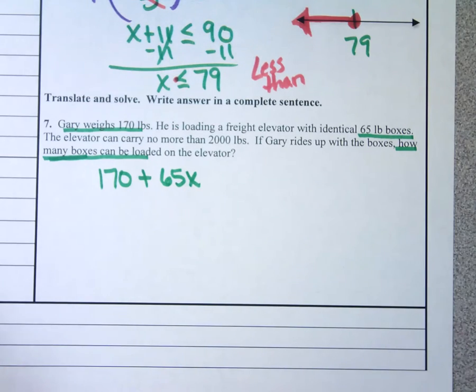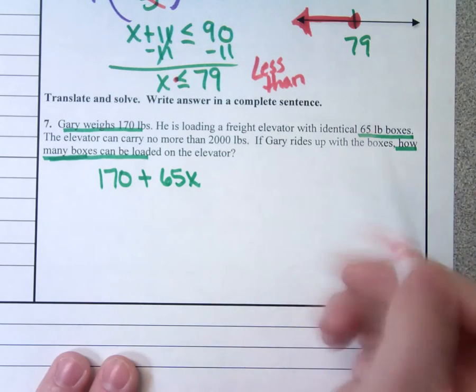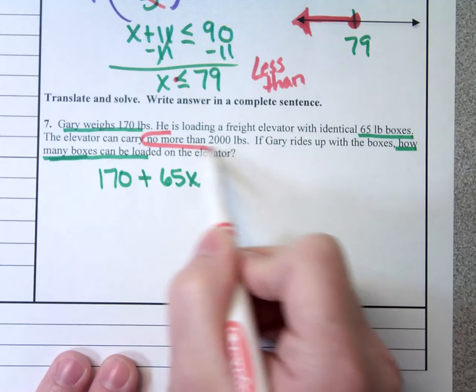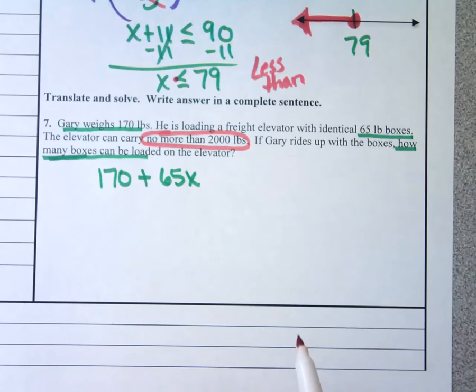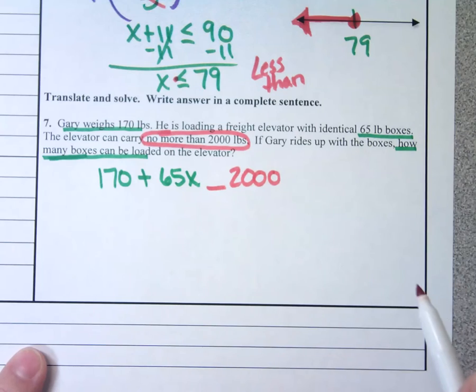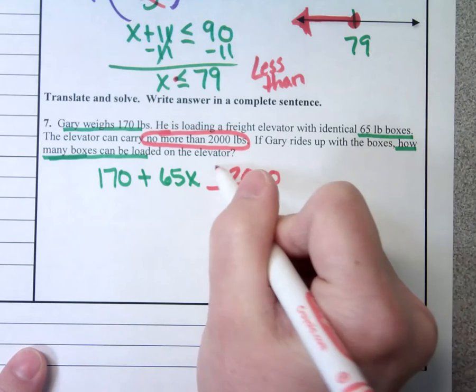And then you can't put on any more than 2,000 pounds. So the elevator can carry no more than 2,000 pounds. What does that mean? No more than 2,000 pounds. Can it hold 2,000 pounds exactly? Yeah. It can be exactly 2,000 pounds. Can it be more than 2,000? Nope. It has to be less than.